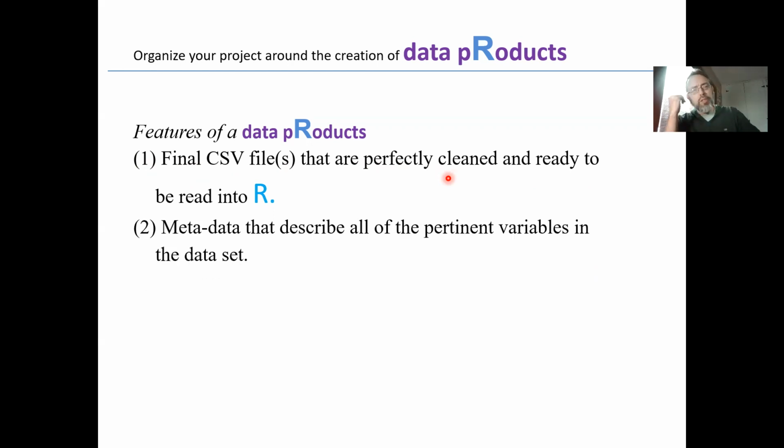Step two. You need metadata that describe all of the pertinent variables in the data set. Oftentimes what you'll have is a tab in an Excel sheet. You can do this with Google Sheets too, or some other sheets. Is there like Apple Sheets? I don't know. Whatever, it doesn't matter. A tab in Excel that says, here are the details of all the data that are collected here. Do you need units?